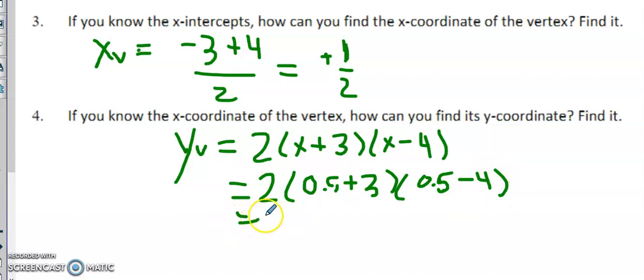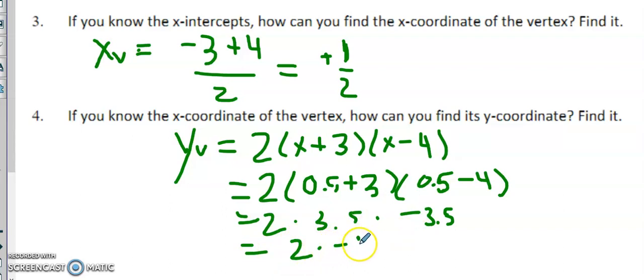So what we have here is 2 times 3.5 times negative 3.5. So we multiply the last two numbers, so it'll be 2 times negative 12.25.